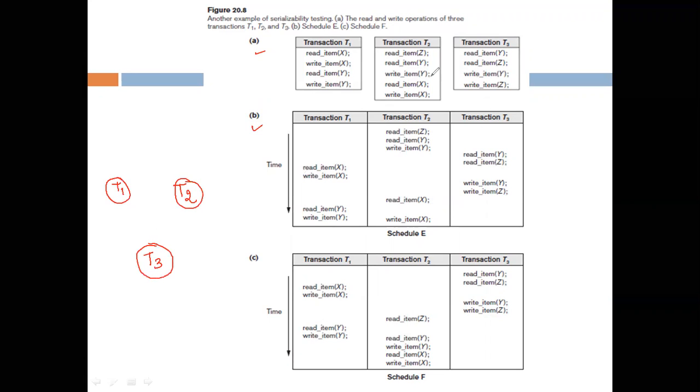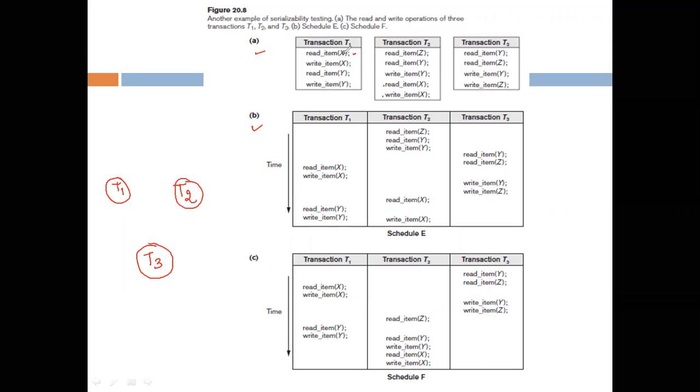So three nodes are created for these three transactions. Next, observe one variable X between transaction 1 and transaction 2. Here it is reading, here it is also reading, here it is a write operation. So which is the first transaction that is dealing with variable X?